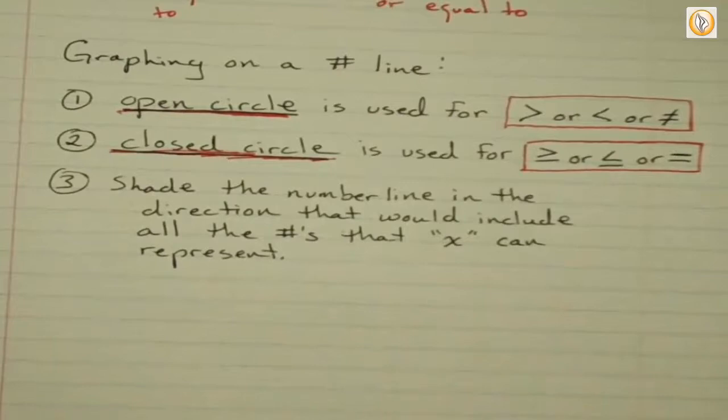So then you shade the number line in the direction that would include all the numbers that X can represent.